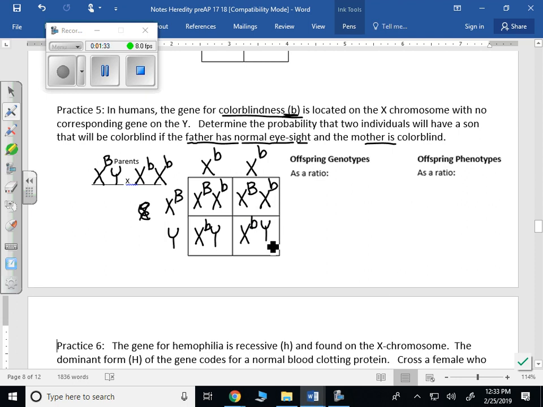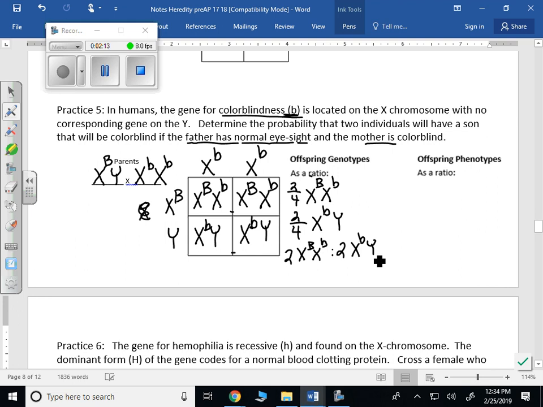Okay, so it's asking for offspring genotypes. In this situation, since these are the same and then these are the same, we would write 2 out of 4 X big B, X little b, and then 2 out of 4 X little b, Y. So then our ratio, because we really haven't answered this question if we just have it in fractions, is we could either say it's 2 of X big B, X little b, to 2 X little b, Y. Or if we reduced it to 1/2 and 1/2, then it would be a 1-to-1 ratio.